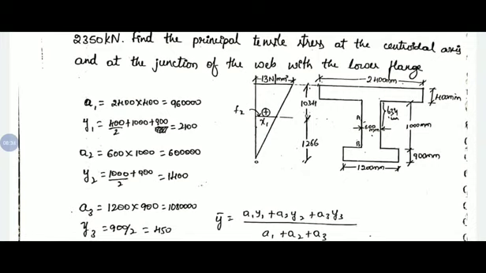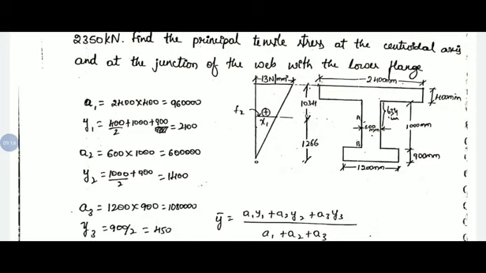If we want to find out the stress at the centroidal axis, we need to consider the area of the section which is above the centroidal axis. The total is 1266, and the remaining portion is 1034, since the total depth of the member is 400 plus 1000 plus 900, which is 2300.